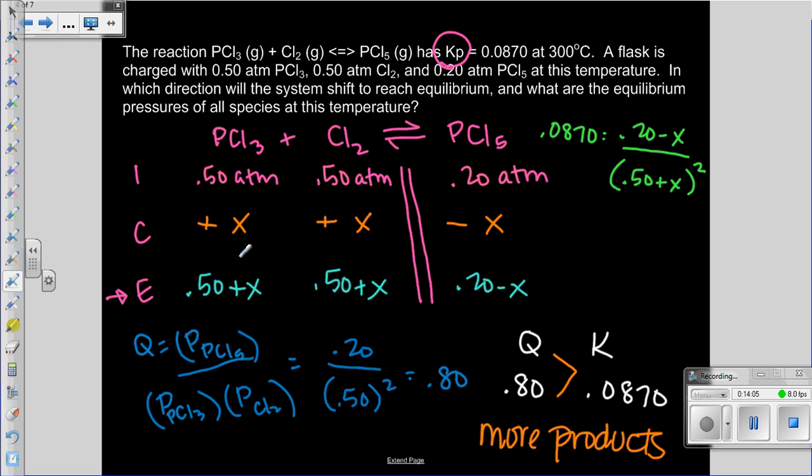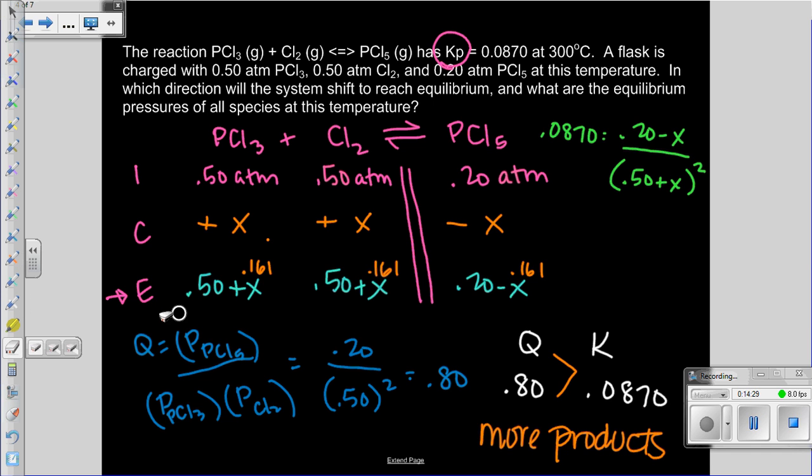If I go back to the previous slide, that 0.161, I'm going to substitute that into each of our equilibrium compounds. And then I want to rewrite it.